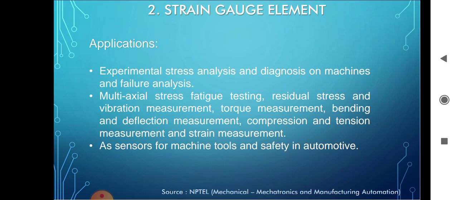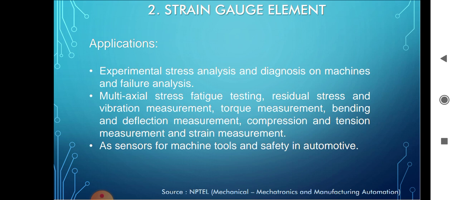So strain gauge element applications are given. It is mostly used in mechanical machines because strains are always produced in a mechanical machine. So it is used to check or measure the strain of mechanical machines.